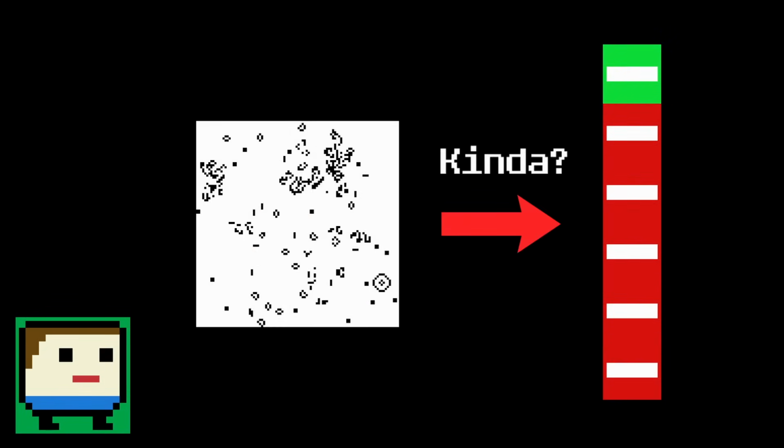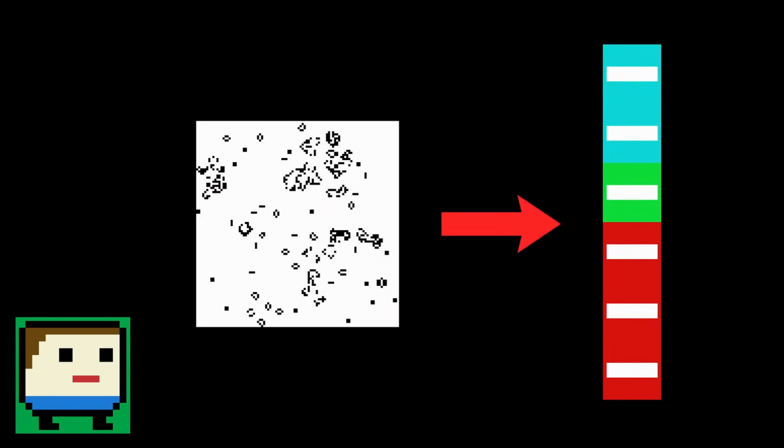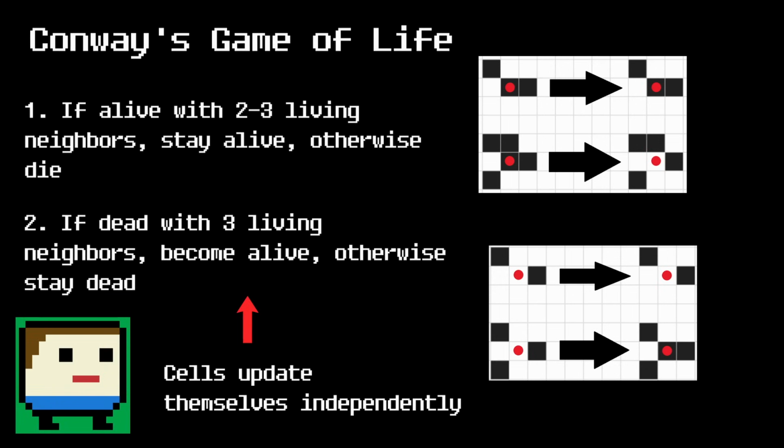Well, kind of. Okay, before we continue, let me just clear something up. Even though our simulation does take heavy inspiration from Cellular Automata, I don't think it's necessarily correct to call it one. If we look back at the rules of Conway's Game of Life, notice how they imply that a cell should only look at its neighbors and then update itself independently. This is a major characteristic of the vast majority of Cellular Automata.